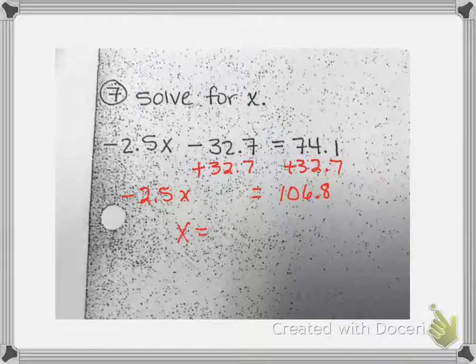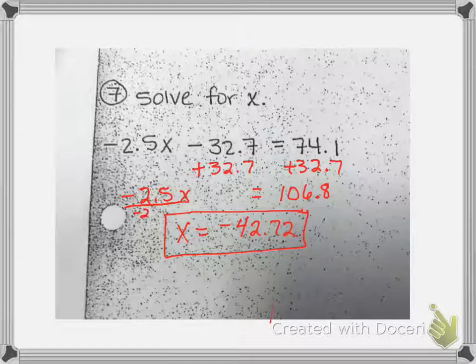I'll divide both sides by negative 2.5. And I forgot to do that. I will show that to you. Divide by negative 2.5. Okay, there we go. And that comes out to be x is equal to negative 42.72.